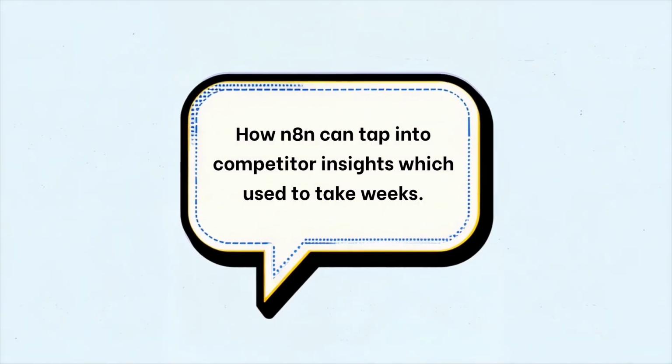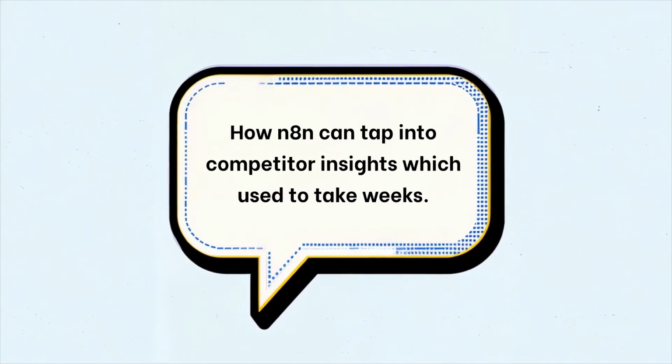Content gap analysis runs without manual effort, detecting signals and actionable items such as identifying influencers, collaboration opportunities, competitor campaign monitoring, and competitor content analysis to understand what's triggering the algorithm. Wonderful, isn't it? How n8n can tap into competitor insight which used to take weeks.